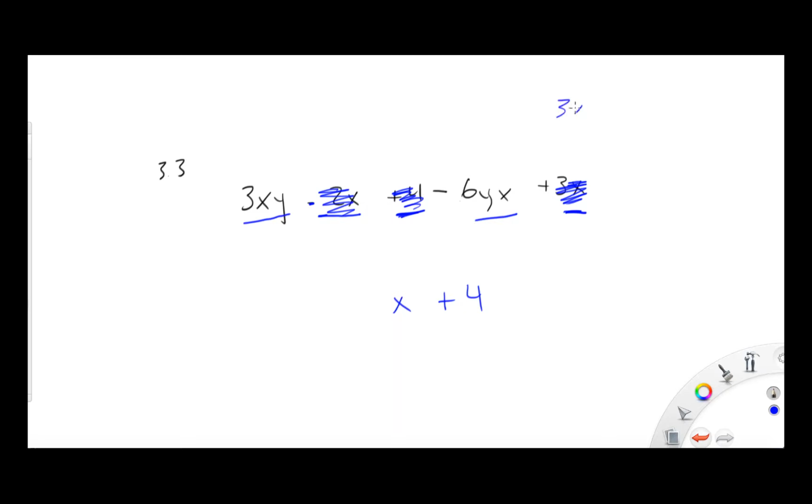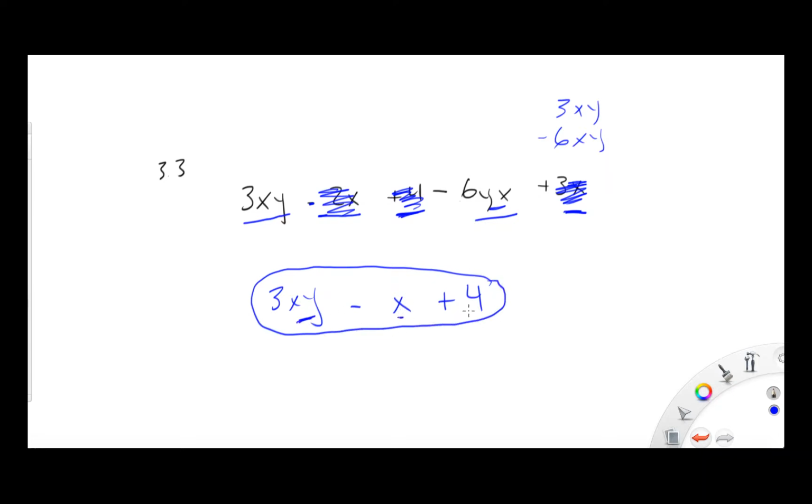In other words, 3xy and negative 6yx, we could move this x and y to make it look the same. And yes, it is the same. So we have a negative, let's put this out front, 3xy. So our expression is negative 3xy minus x plus 4. And that's as simple as we can get it. And the reason is because we can't do anything more with these terms. There are no more x's, and there are no more just whole numbers.